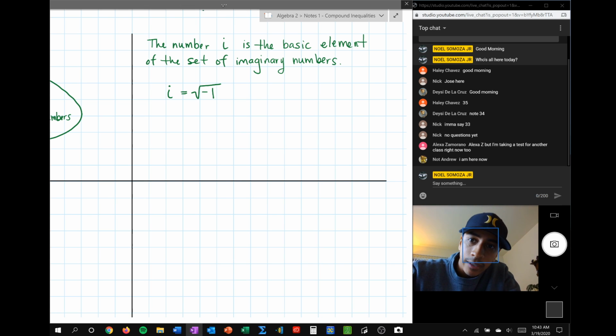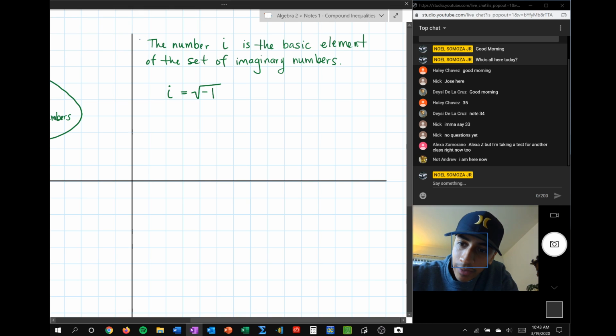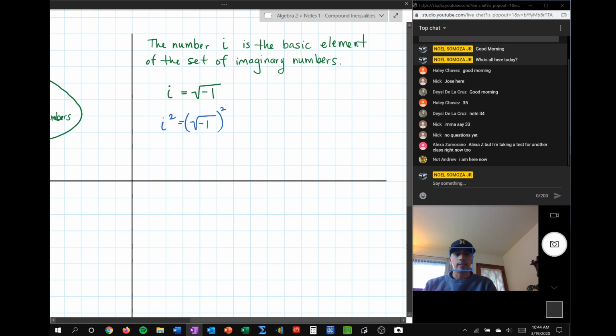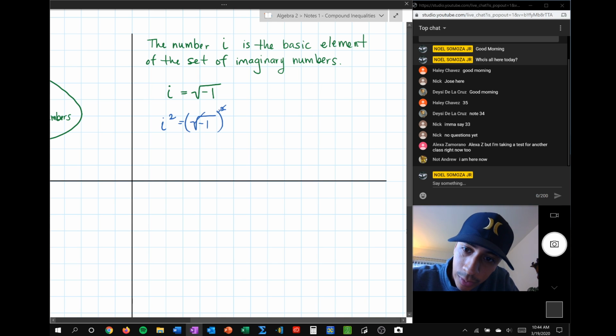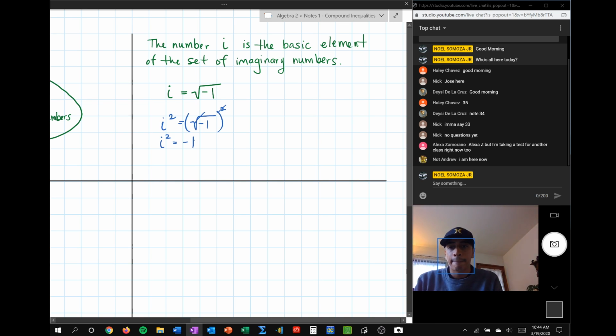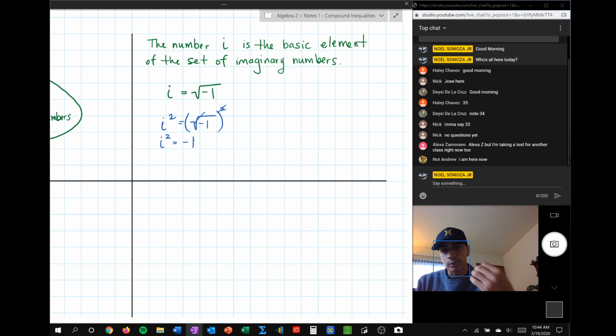If I take i to the second power, it's the same thing as saying the square root of -1, squared. Now, what do we know about squares and square roots? They cancel each other out, right? So these two eliminate, and really i squared is the same thing as -1. So i is equal to the square root of -1 and i squared is equal to -1.